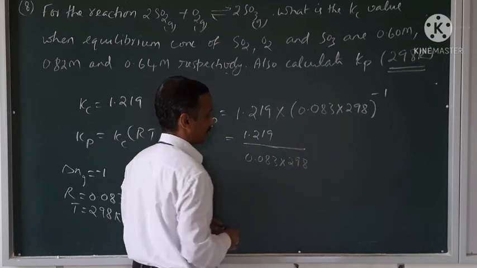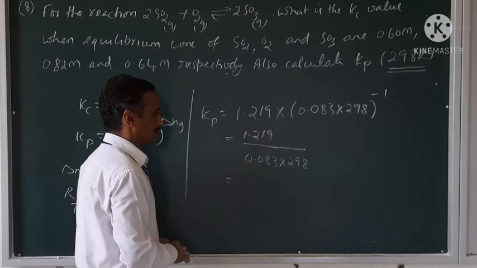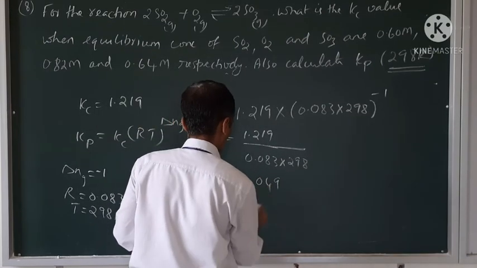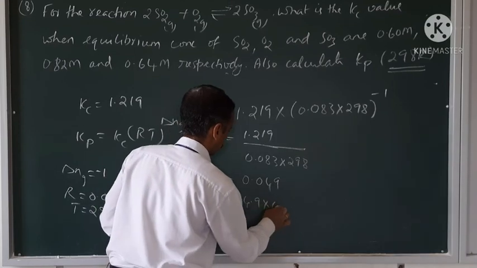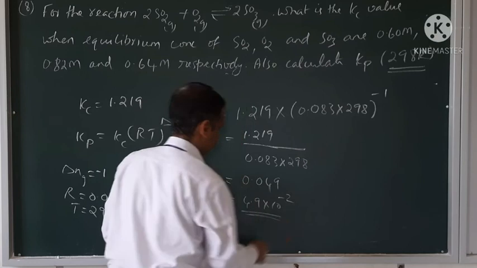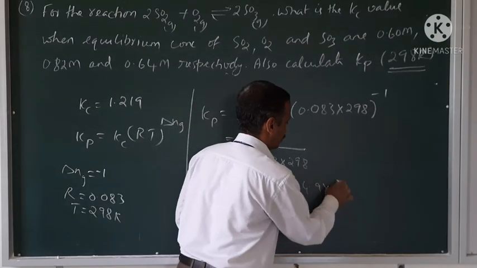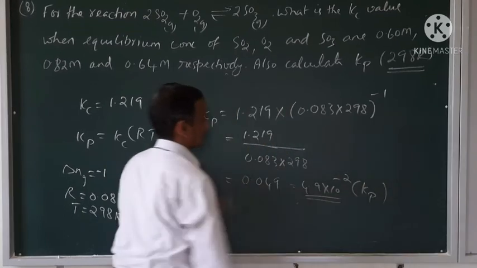Now we work that out and get the answer. In scientific notation, 4.9 into 10 to the power minus 2 is the Kp value for this reaction.